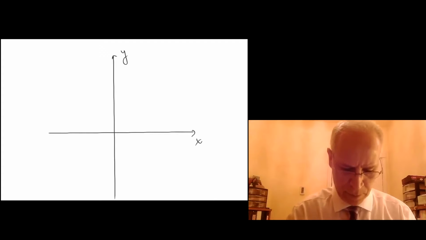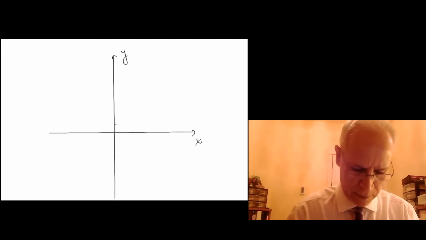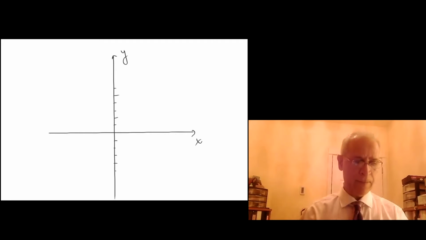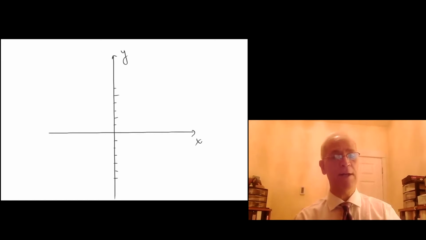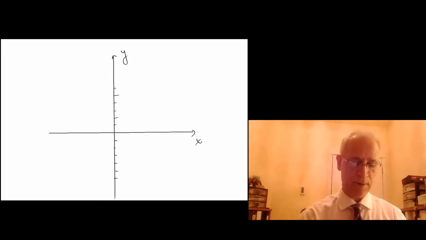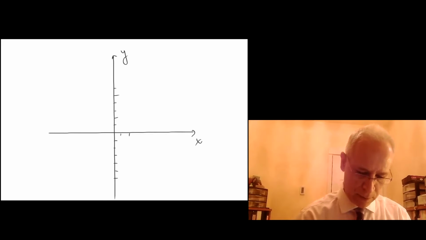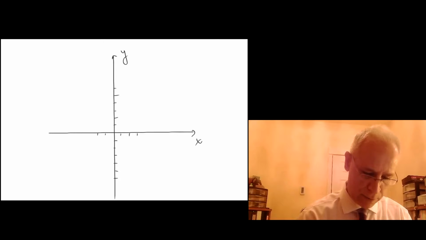So I'm going to put smaller tick marks, like 1, 2, 3, 4, 5, 6, and 1, 2, 3, 4, 5, 6. And I need to go to the left and right. I had 9 under x squared. The square root of that is 3. So 1, 2, 3, 1, 2, 3.